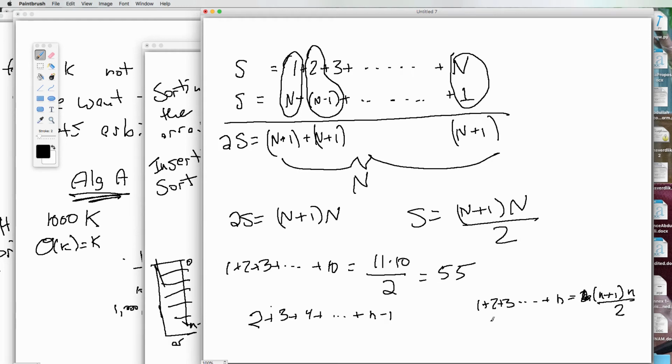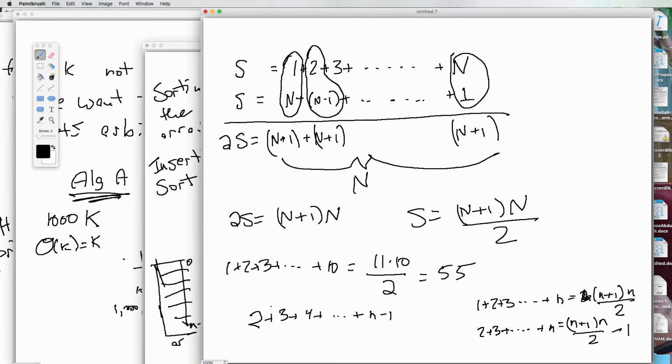So if I subtract 1 from both sides, I get 2 plus 3 plus up to n is equal to n plus 1 times n over 2, minus 1. Well, this thing should only go up to n minus 1, and this one goes up to n.